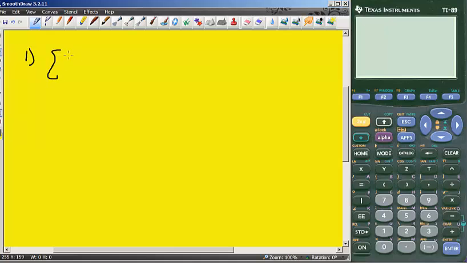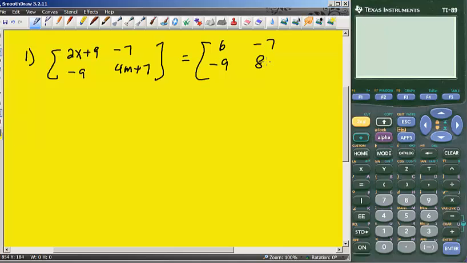So if you have a matrix like this, which is 2x plus 9 and then negative 9, these are the columns. First column. Second column is negative 7 over 4m plus 7. And they say that's equal to the matrix 6, negative 9, negative 7 over 8m minus 9. And then you have to solve for each variable.